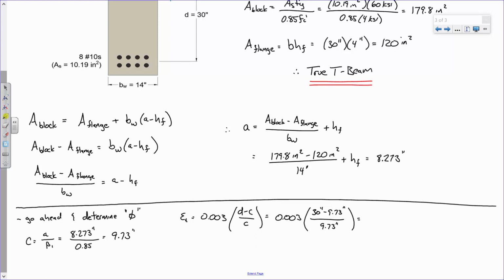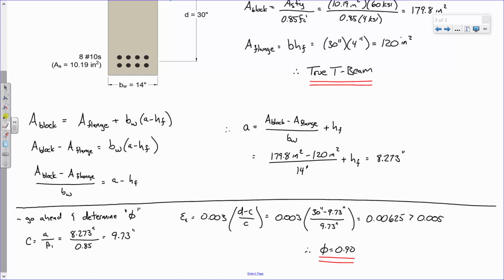And so that equals what? 0.0065. Do I have a second on that? Okay, and so that's greater than 0.005, and so therefore phi is 0.90. So I wanted to do that off to the side, just so there's no ambiguity that it is any different. It's the exact same computation as before. Everybody okay? Now that's the phi value, that's easy.